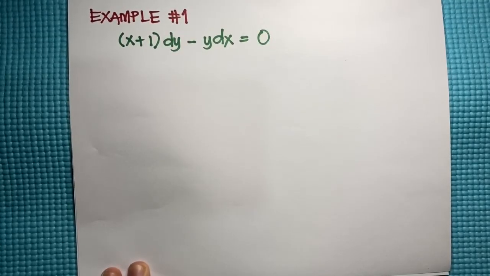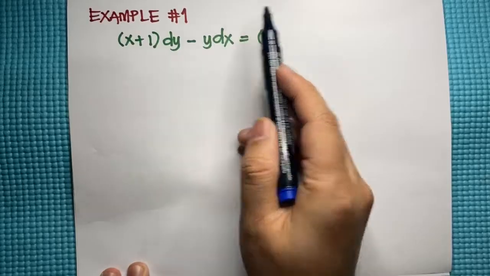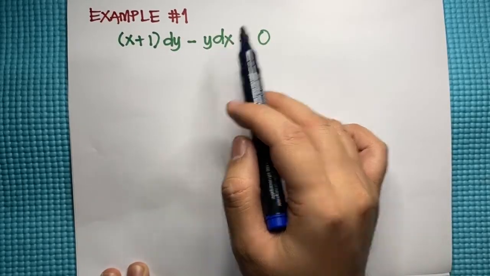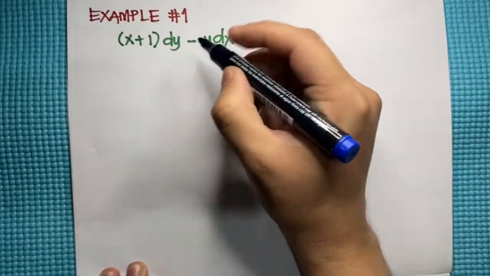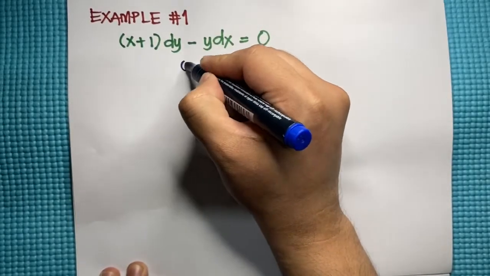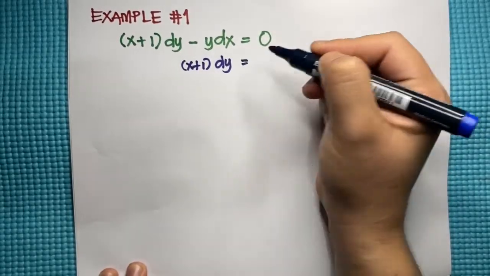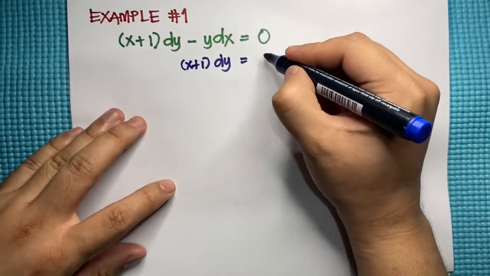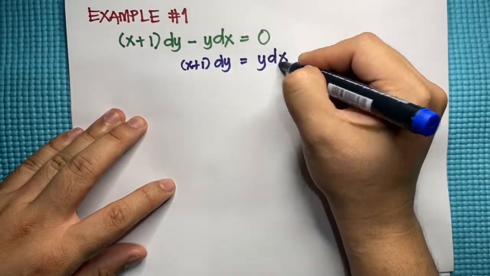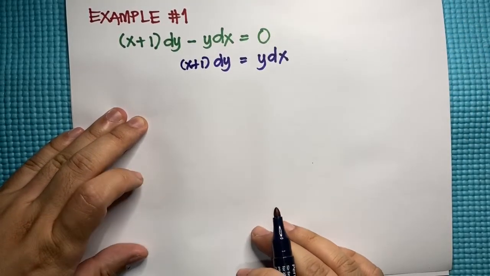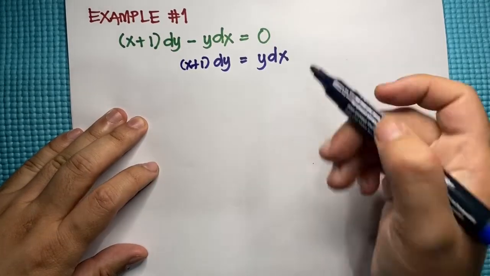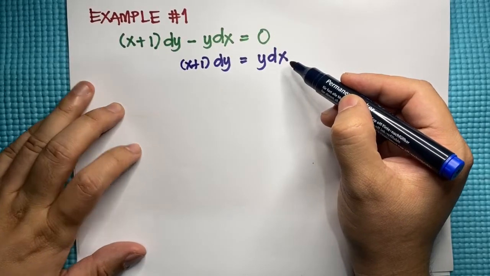Our first step is to separate the two terms, and this can be done by transposing the y dx to the right side, giving us (x + 1) dy = y dx. From here we have dy on the left hand side and dx on the right hand side.